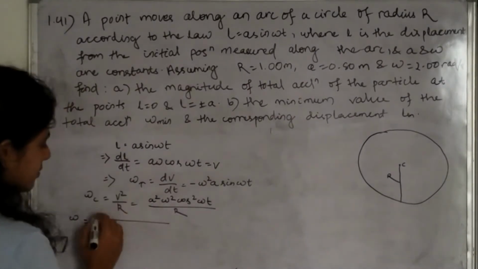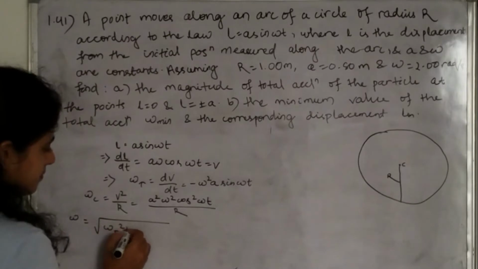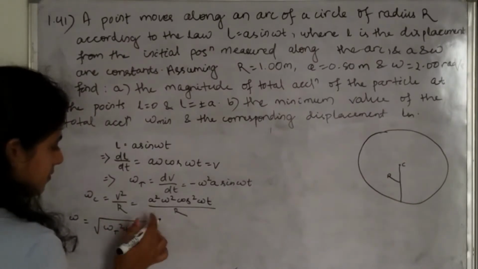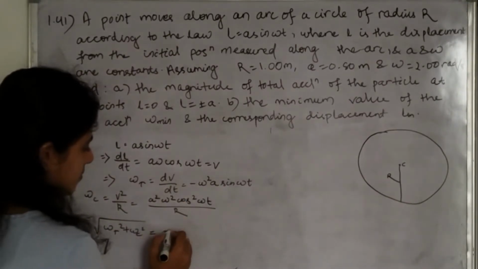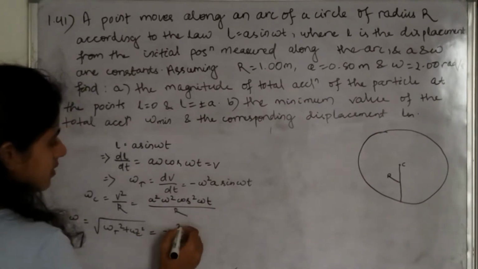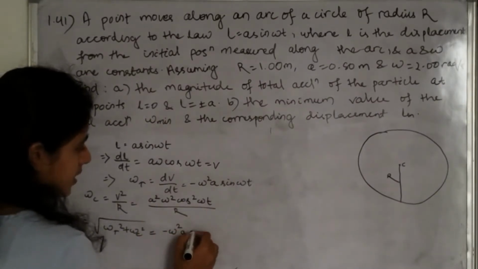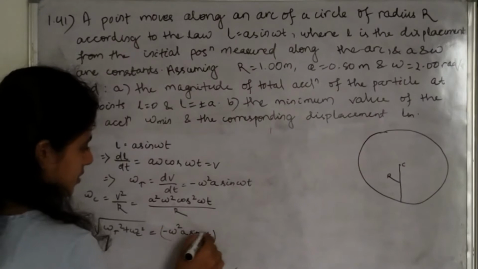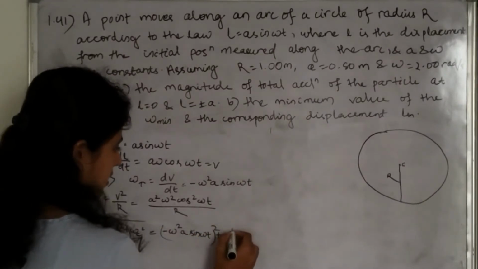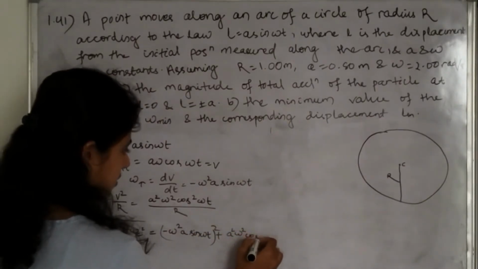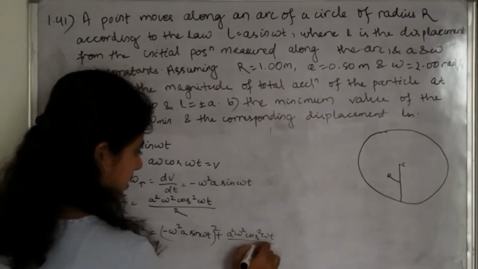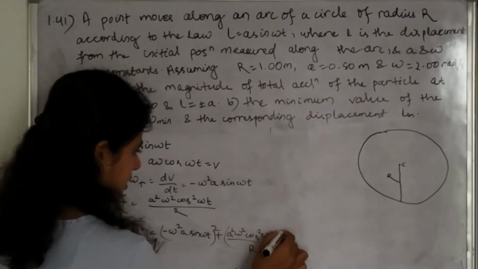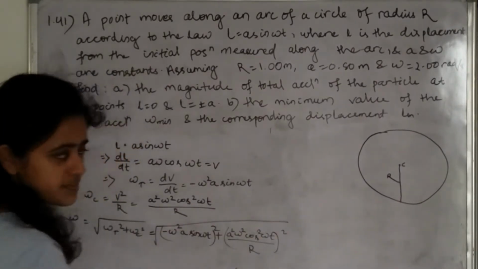Root over of square of these two. So this will be minus omega square a sin omega t whole square plus a square omega square cos square omega t divided by r whole square root.